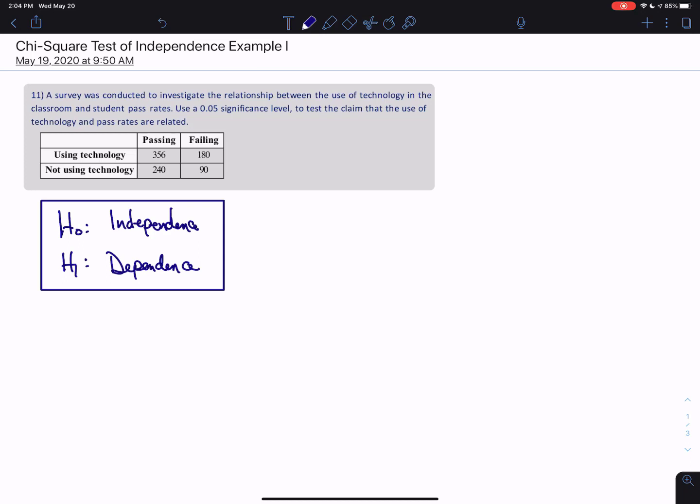So related means dependent. So we know that this is a test of independence exercise. And from that perspective, I really think that technology or not use of technology does have an effect on passing and failing rates. So my personal prejudice, or my personal experience, says that I'm going to have to reject the null hypothesis, because that's what I think this test is going to show.